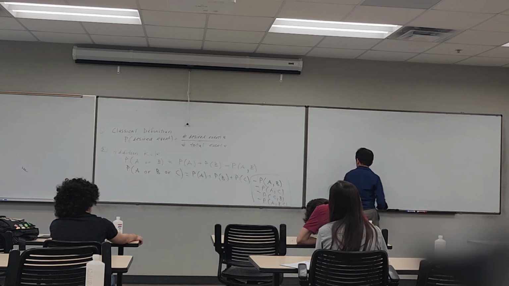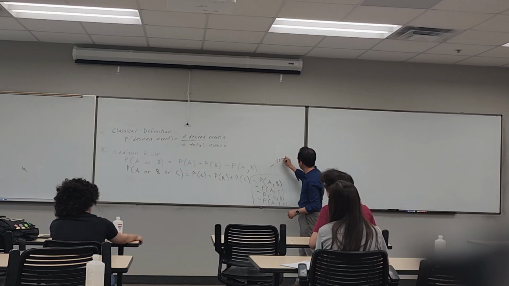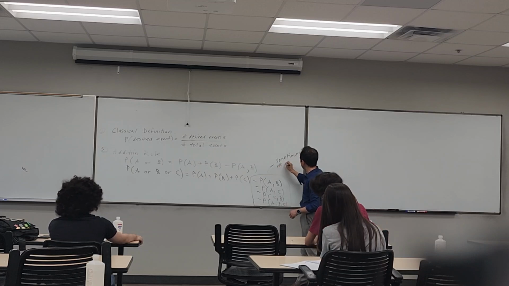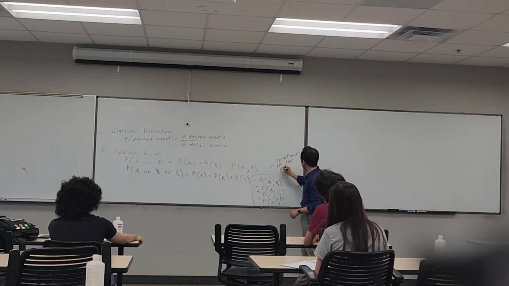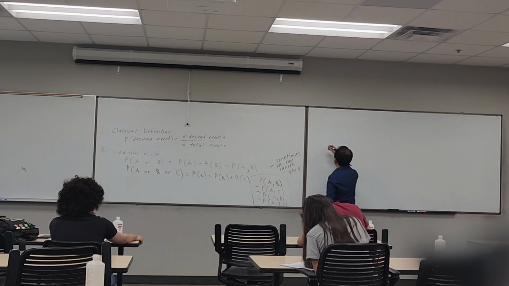So sometimes, we can ignore this probability of overlap. So let's talk about when it is that we can ignore this. So an example.